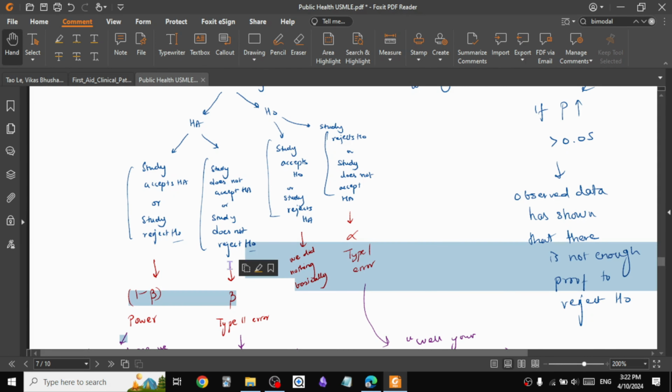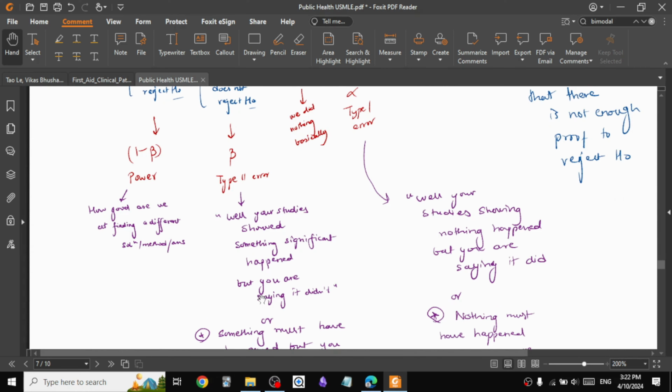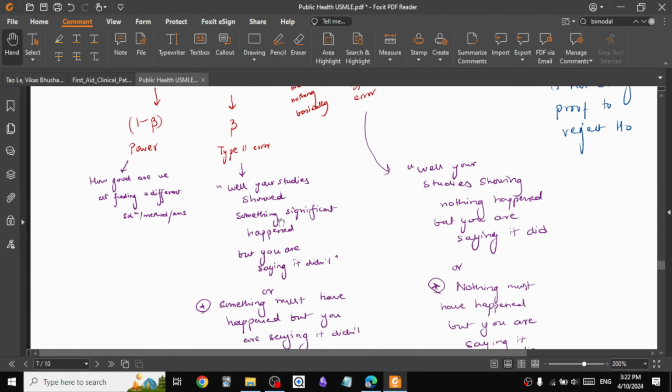My reality was HA, the alternative hypothesis, but I've not proven it, or I've not declared it. What does this actually mean? It says, well, something significant happened, but your study is saying it didn't.